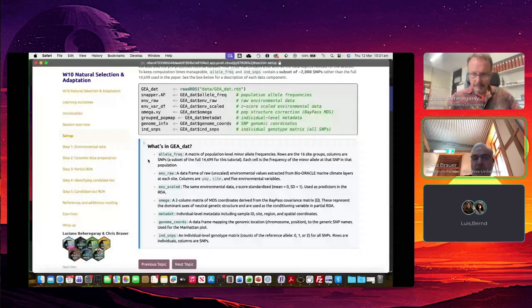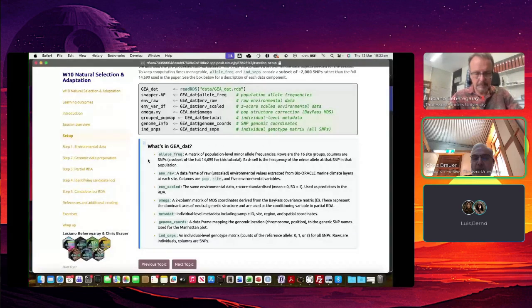And so there's a little explanation of the data we're using. We're using a population allele frequency data set to run the analysis, for those 16 sampling sites, and as I said, for the tutorial, about 2,000 SNPs.